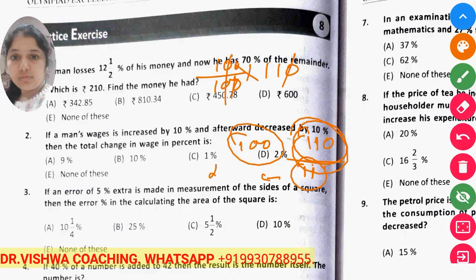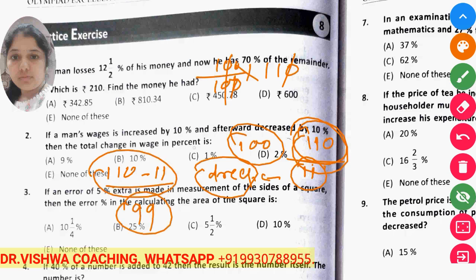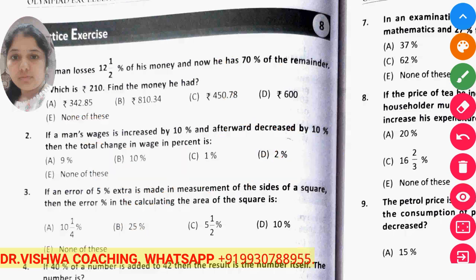So 11 is the decrease in the wage, we say. So previously it was 110, now it is reduced by 11, so it becomes 99. Now what was the previous wage? We say 100, now it is 99, so the difference is of 1%. Okay, understood?